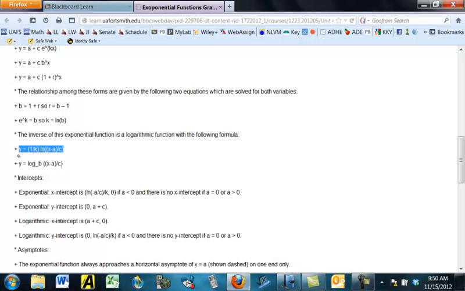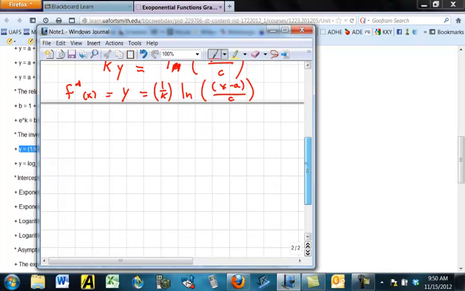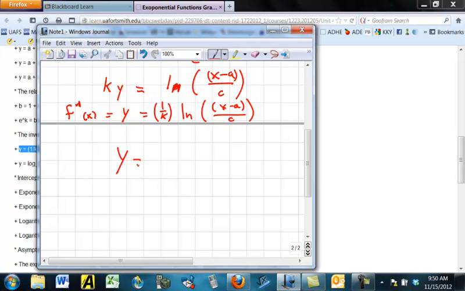Here's the basic one, which I showed you a few minutes ago. Y equals 1 over k times natural log of x minus a over c. But I can replace this, as you see, k is the log of b. Okay, so we could actually rewrite this as y equals natural log of x minus a over c, over k.